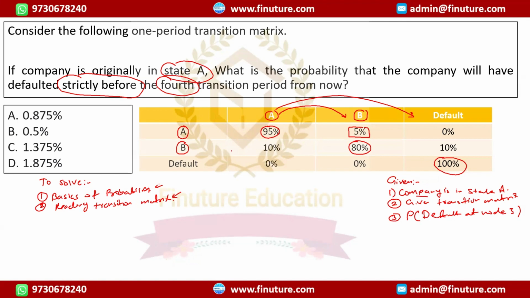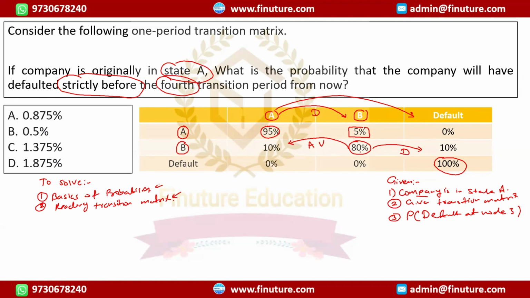Likewise, if I talk about B, B will remain B has a 80% probability, but B will be upgraded to A has a 10% probability. So A to B is a kind of a downgrade. And B would upgrade to A has a 10% probability, and B will default has a 10% probability. Like A defaulting had a 0% probability.